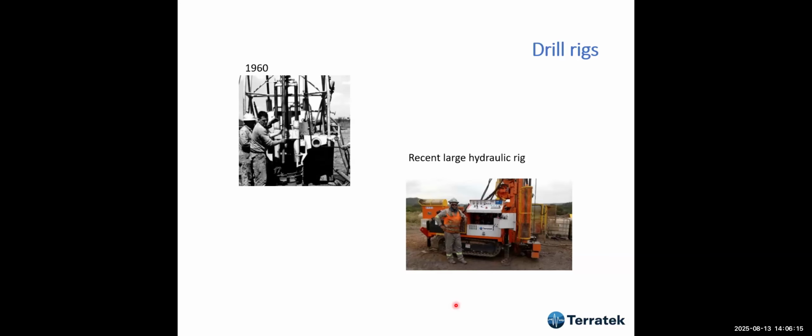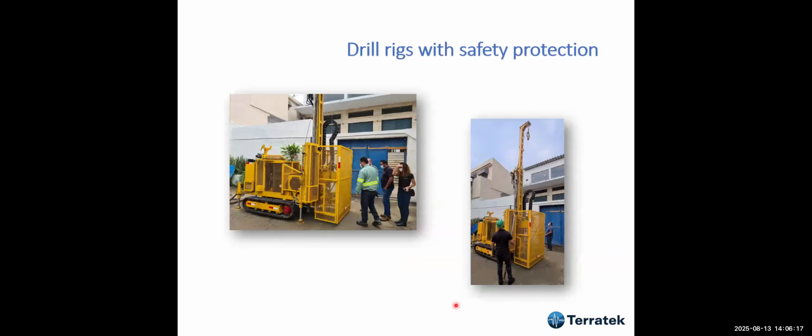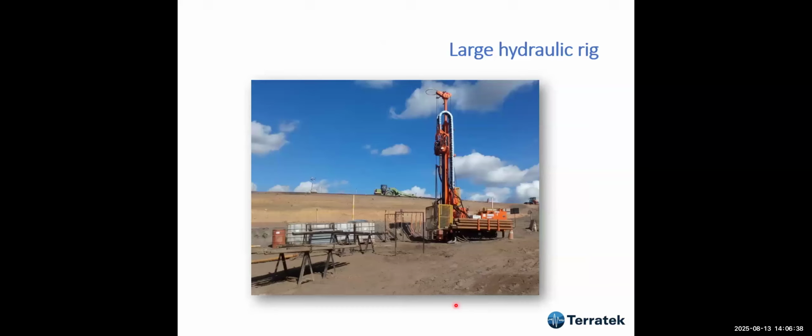I think they are not normal in my view. And this kind of protection, mainly mining companies require. They are crazy about safety and everything related to the workers' health and safety. So they require this kind of screen or protection.